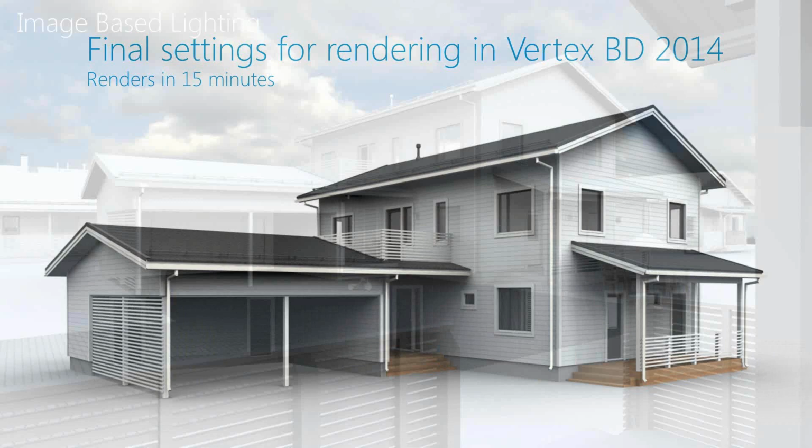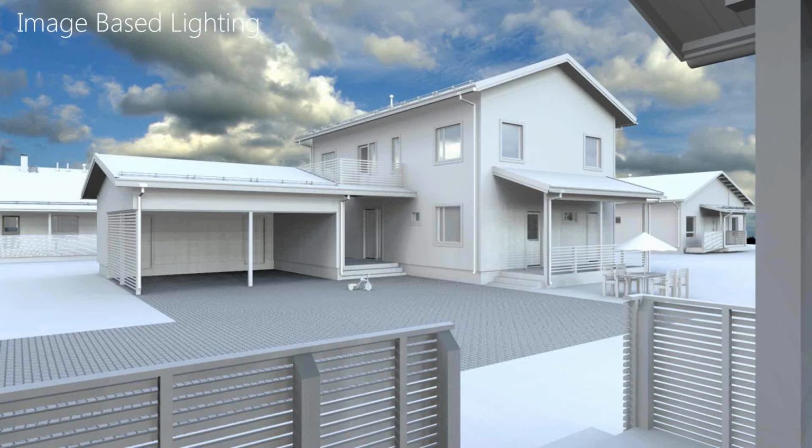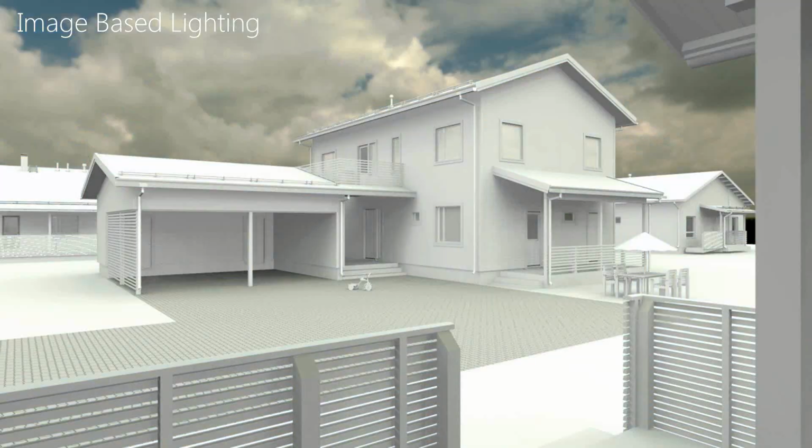So maybe the number one new feature in rendering is called image-based lighting. In this series of renderings, you can see how the intensity, the direction, and the quality of light changes when we have different environment images loaded in the model, like this.